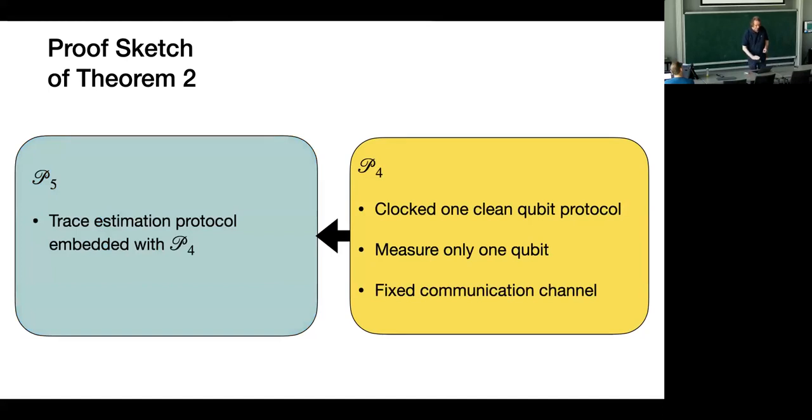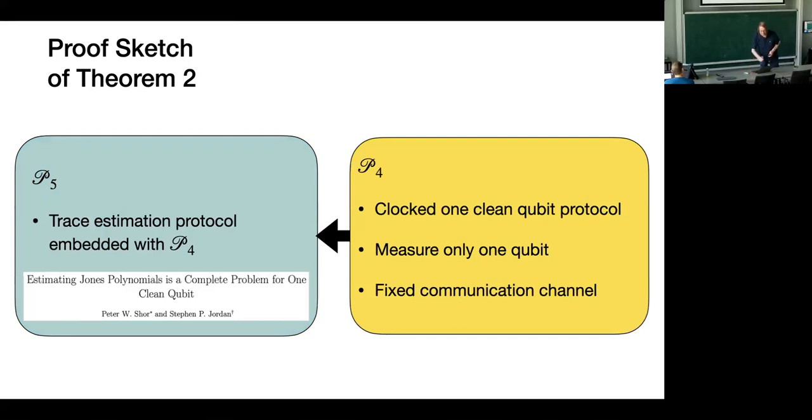And then you can turn this into a trace estimation protocol, which you can do with one clean qubit computations with a technique from the paper by Shor and Jordan, who basically showed, among these things with the Jones polynomials, that the problem of trace estimation of a given unitary is complete for this kind of model.